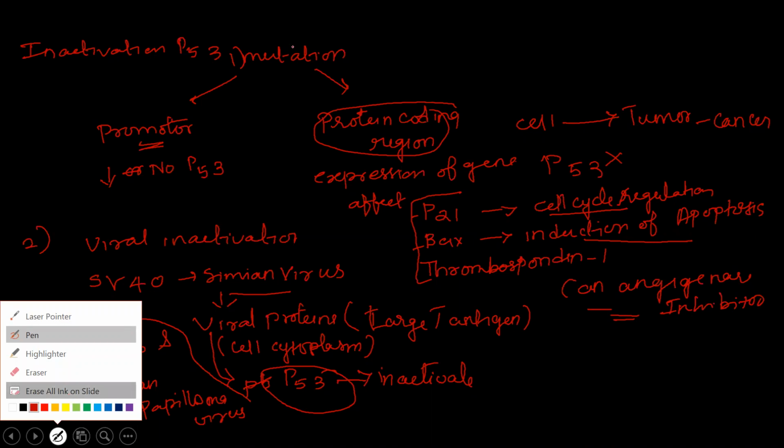The next one is APC, which is known as adenomatous polyposis coli. It is actually a condition in which the colon is filled with polyps.